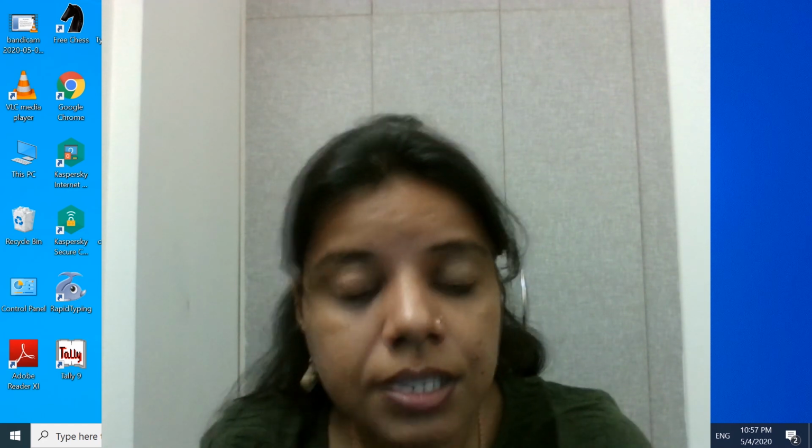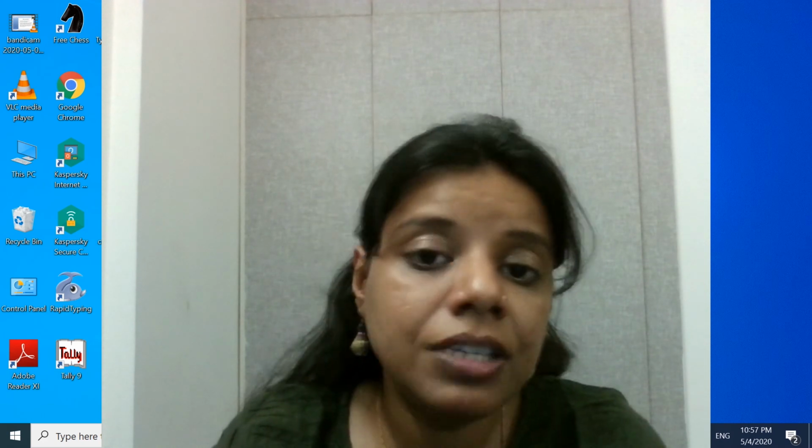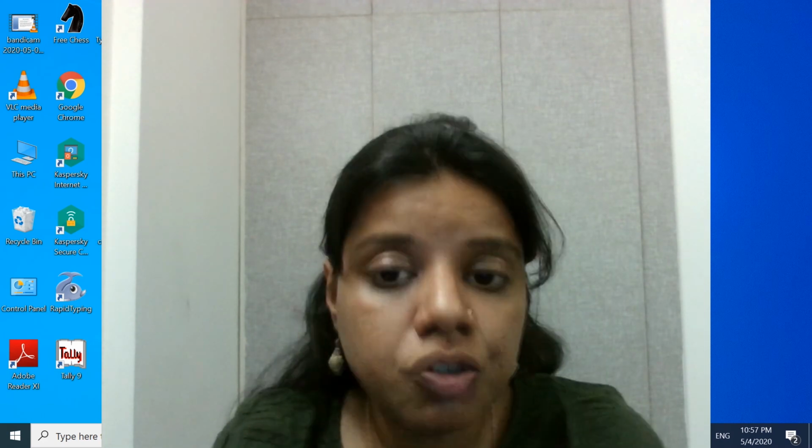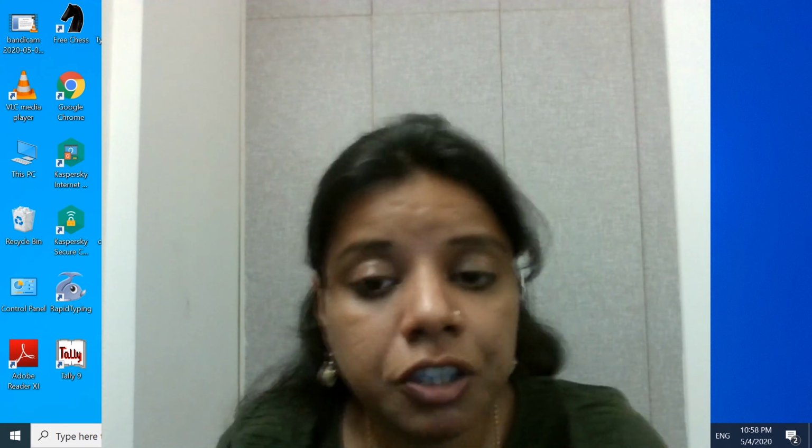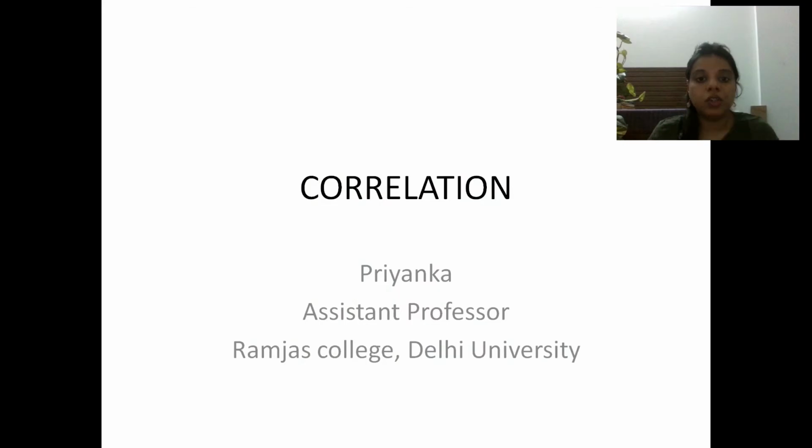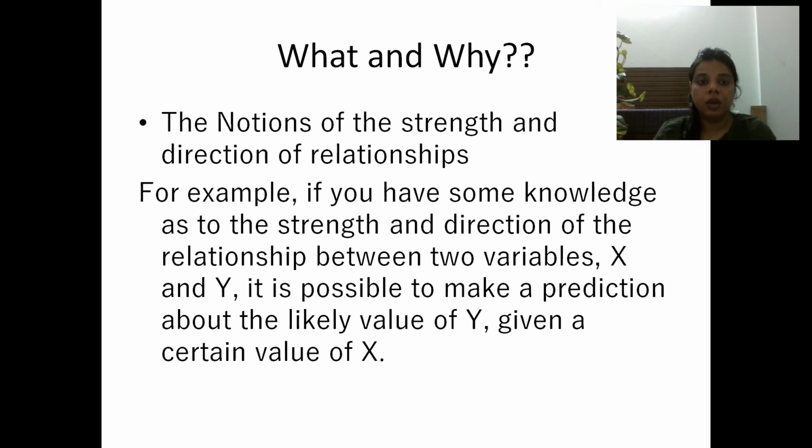Correlation basically tells us the direction of the relationship and the strength of the relationship, how strong the statistical relationship is between the two variables. So this is my first slide, where we need to understand the strength and the direction of the relationship. The strength tells us how strong the relationship is between the two variables.